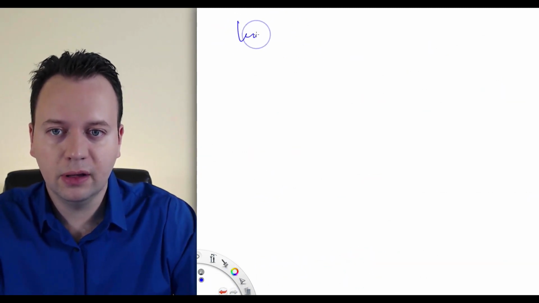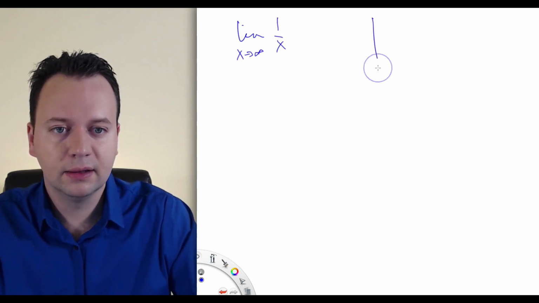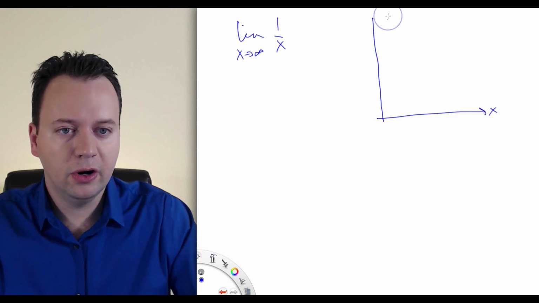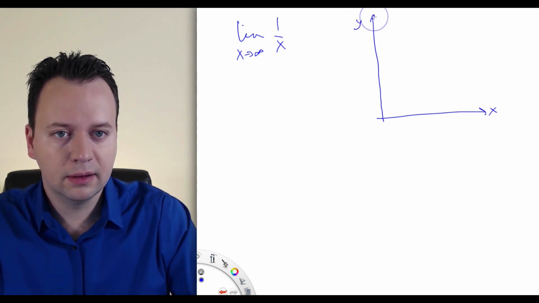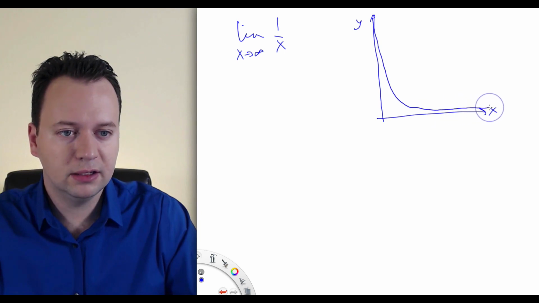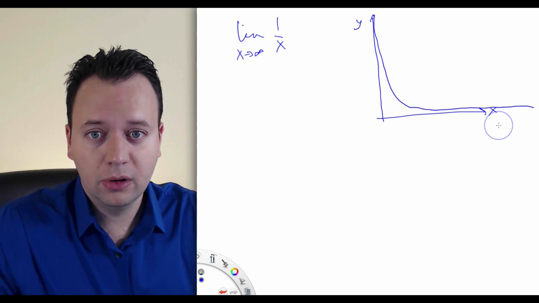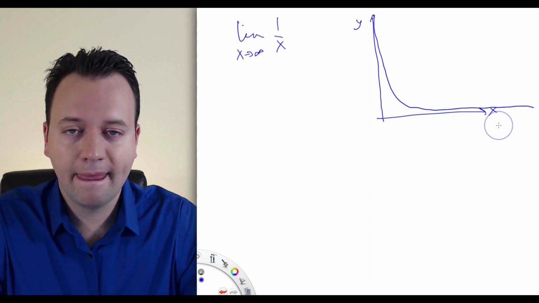So let's compute the limit as x goes to infinity of 1 over x. We all know what the graph of 1 over x looks like. We have a vertical asymptote that comes down like this. Then it gets smaller and smaller. Now for no x value will the output equal 0.